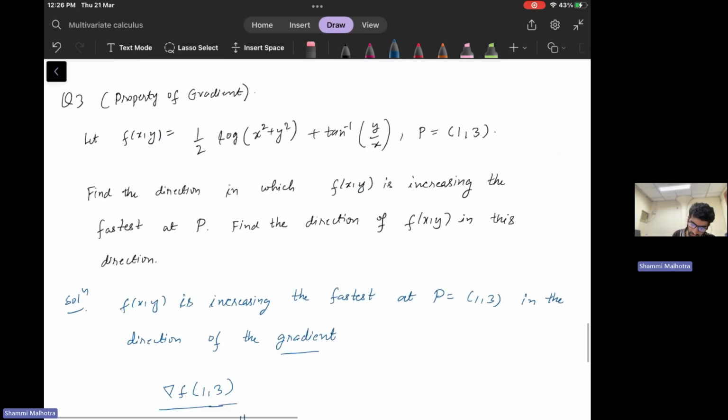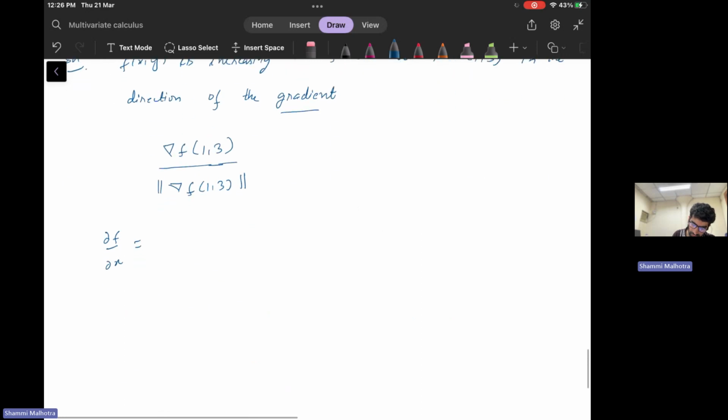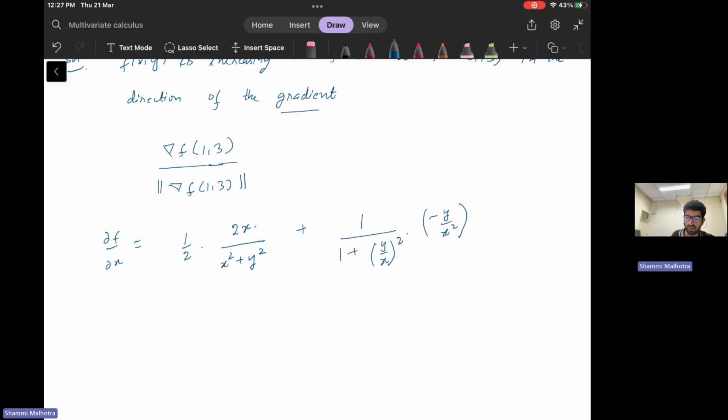My function is half log of x squared plus y squared, so this will give me half of 2x over x squared plus y squared, and then plus 1 upon 1 plus (y by x) whole squared, times minus y by x squared, which is the derivative of tan inverse of y by x.